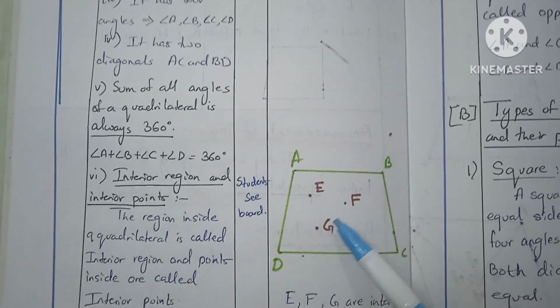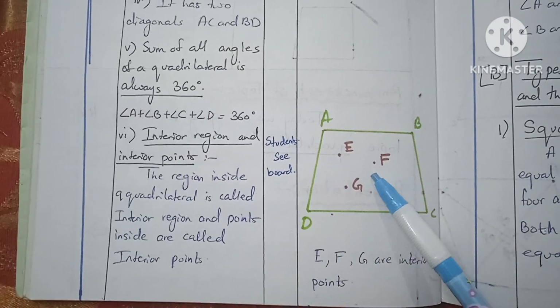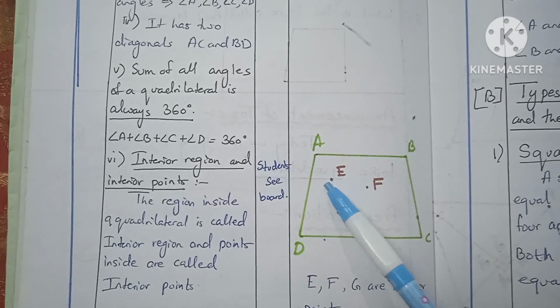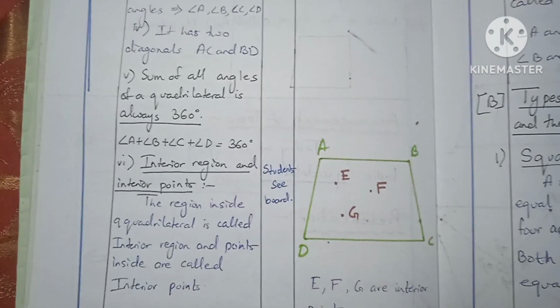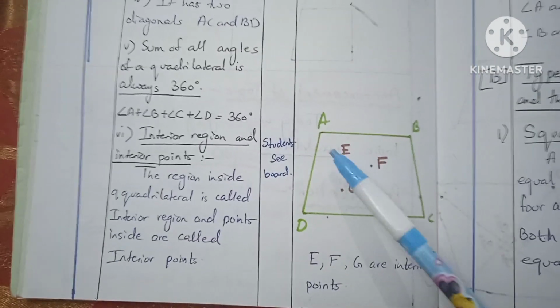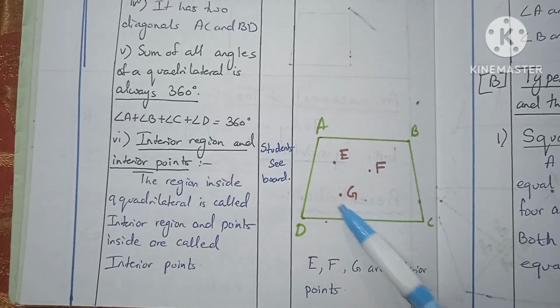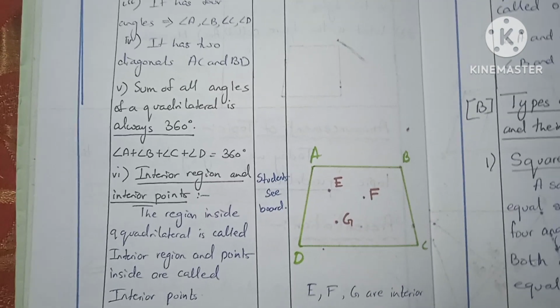Then the interior points or interior region of a quadrilateral: basically the points that lie inside the quadrilateral are called interior points, and the region inside the quadrilateral is called the interior region.